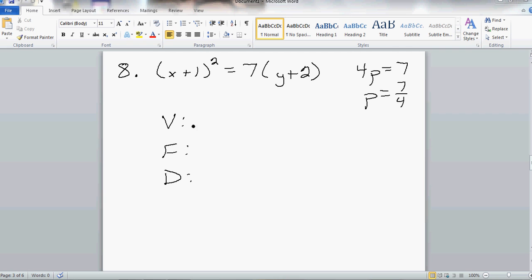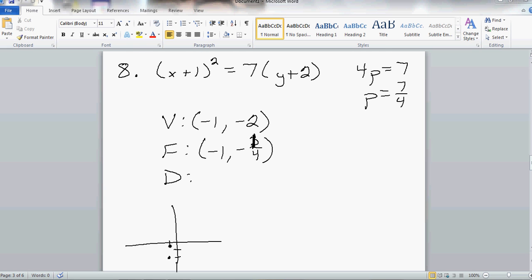And so, the first thing, vertex, x minus a negative 1, y minus a negative 2. So my vertex is at negative 1, negative 2. There's my vertex. I know it's going to be coming up like this, so my focus has to go up. My focus is going to go up 7/4. Well, going up 7/4 from negative 1, negative 2 will be negative 1, negative 1/4, I'm sorry.